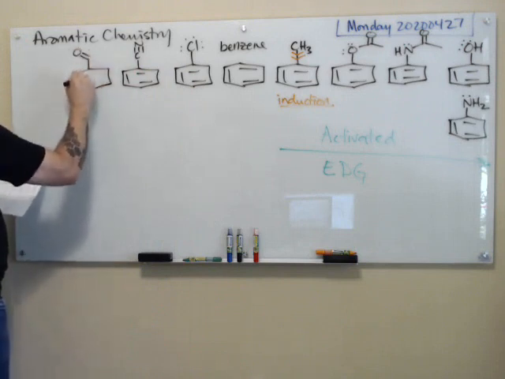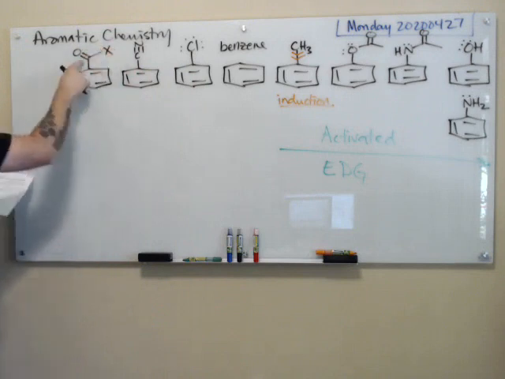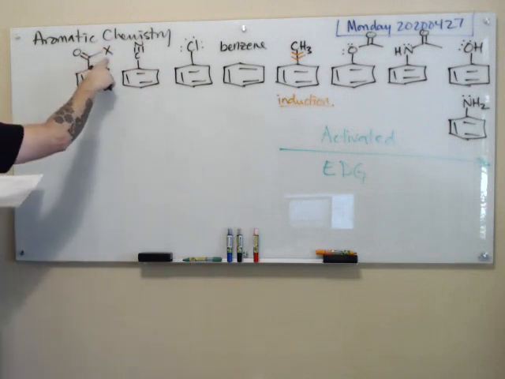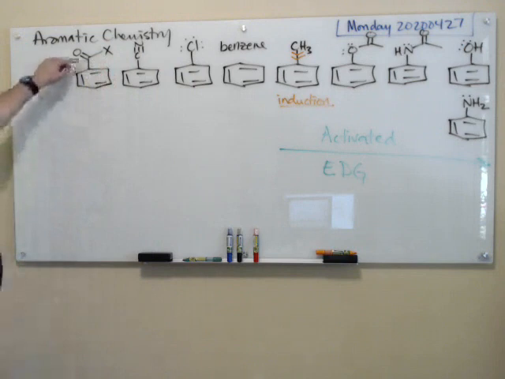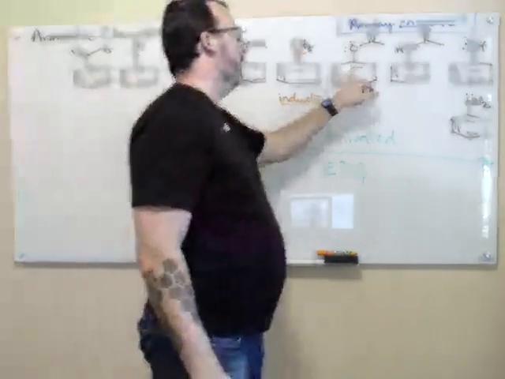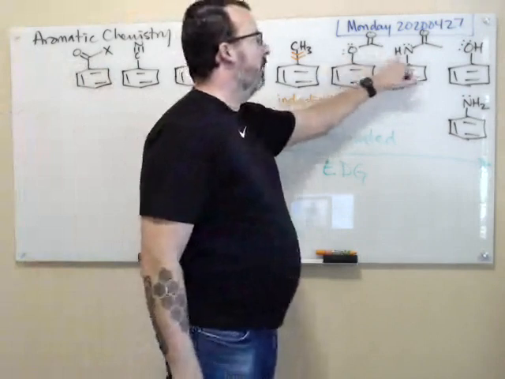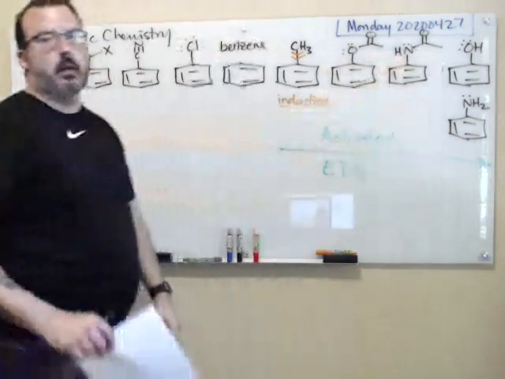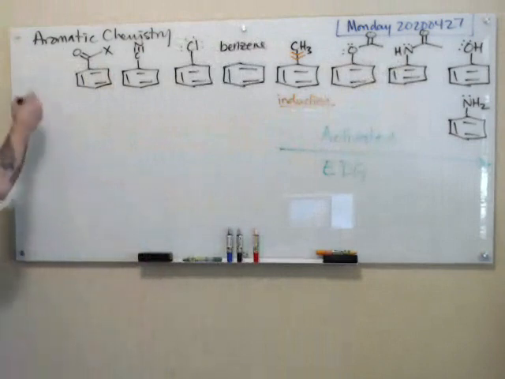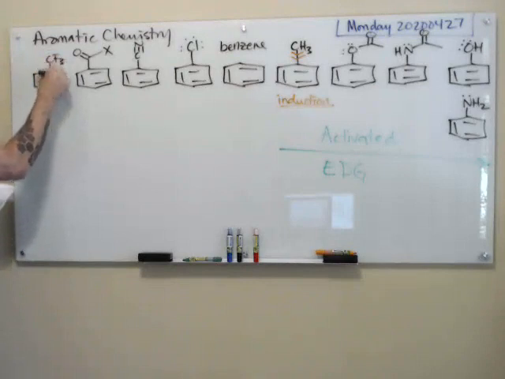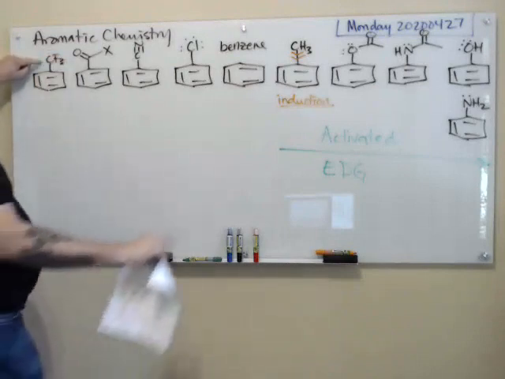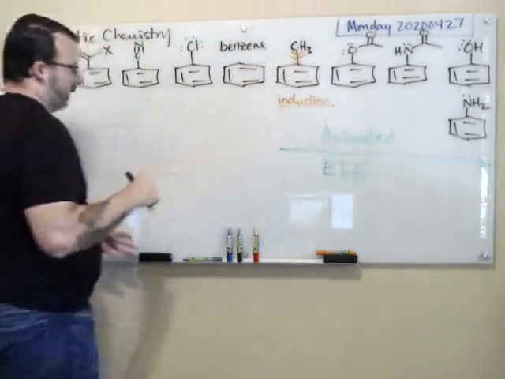Next, we're going to have anything with a carbonyl. So this can be aldehyde, ketone, acid, ester, amide. So note the difference here. The carbonyl is bonded directly to the ring, whereas over here in this ester and this amide, you have the heteroatom and then the carbonyl. So note the difference here, CF3 versus CH3.